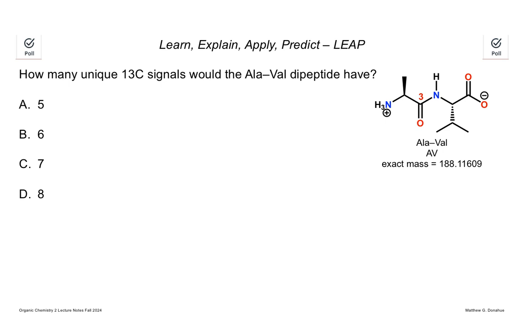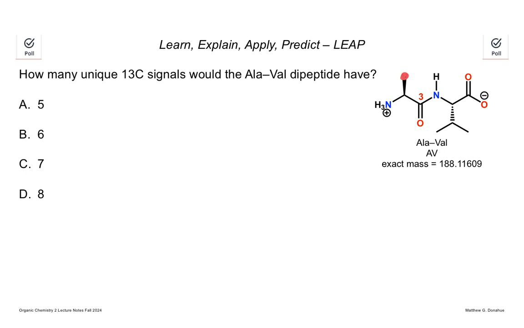So as a review, how many unique carbon signals would we see in this dipeptide? We'll just put dots over each of them as we walk down the chain.